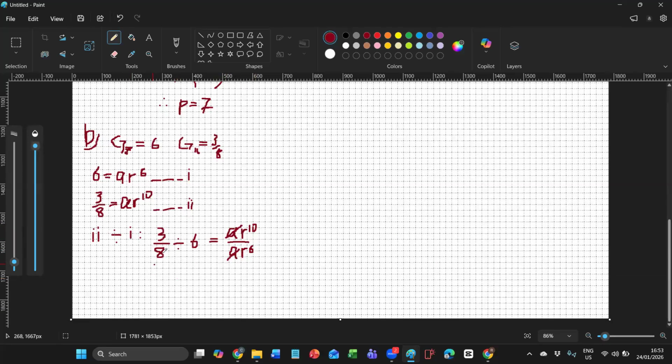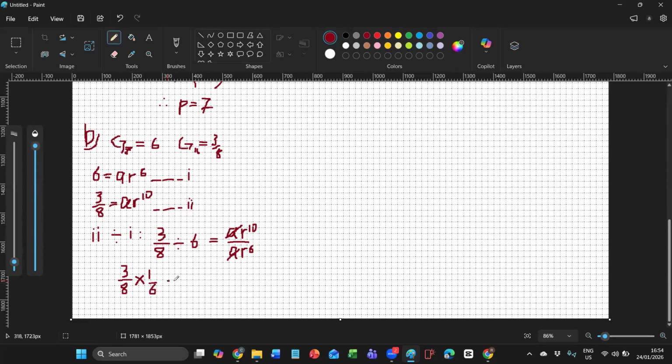Now let's go to the next line. According to laws of indices, on the left-hand side, when you're dividing by a number, the division can become multiplication, and the number on the right-hand side of the division sign should be flipped.